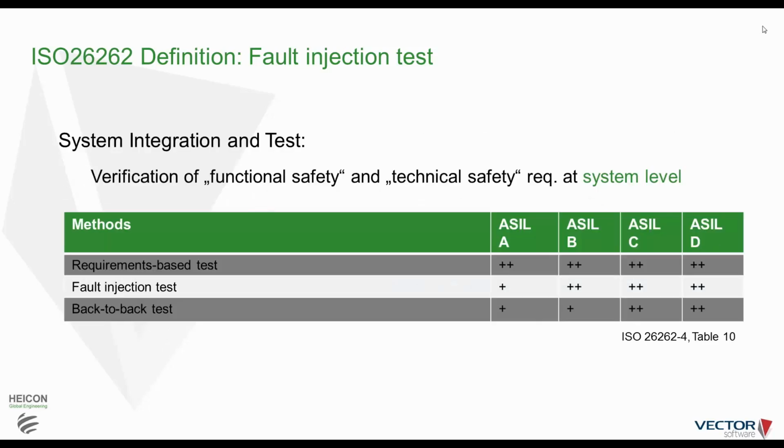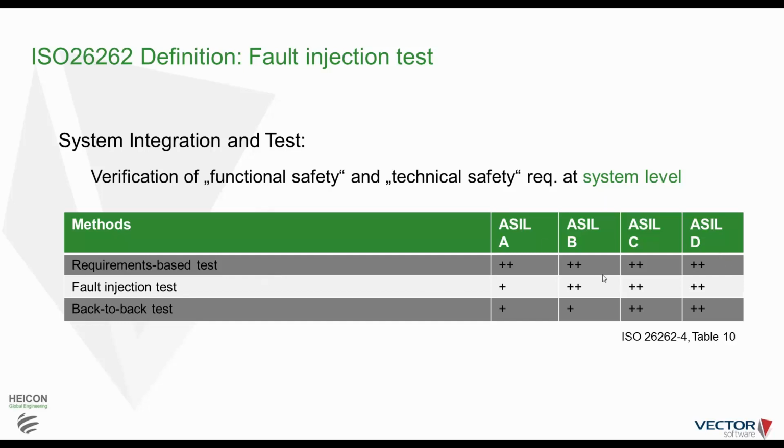For all the people who have maybe not seen so often the 26262, there are these tables which I just talked about, and here we have now the table 10. You can see in the system part, so part 4, for system integration and testing, which covers here the topic verification of functional safety and technical safety requirements at system level, you should do requirements-based testing.